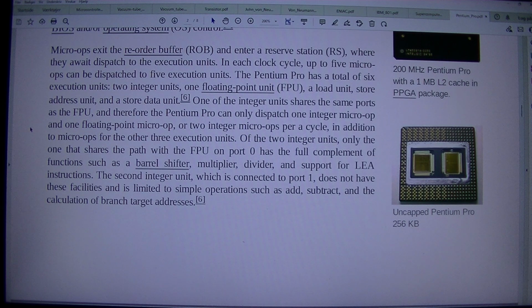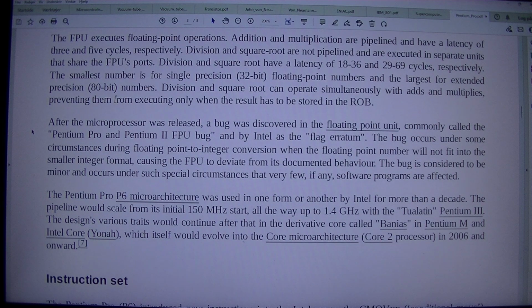6. The FPU executes floating point operations. Addition and multiplication are pipelined and have a latency of 3 and 5 cycles, respectively. Division and square root are not pipelined and are executed in separate units that share the FPU's ports.